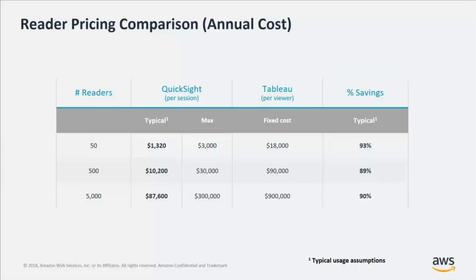Just for comparison, if you look at that compared to some other analytics and BI solutions, the savings is pretty dramatic when you're doing a lot of report and dashboard distribution versus self-serve data discovery and enablement of power users.